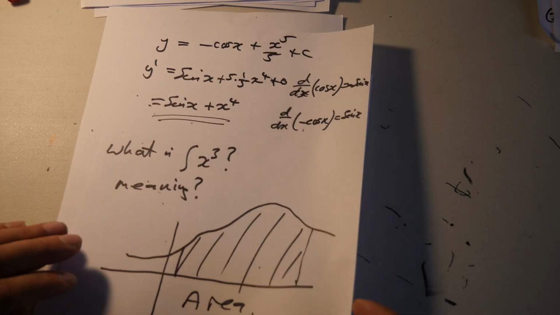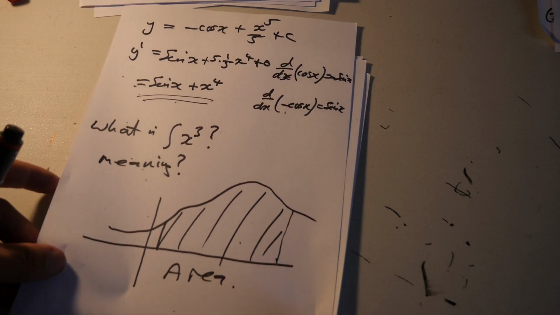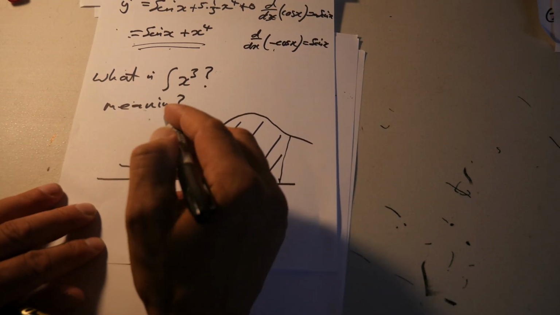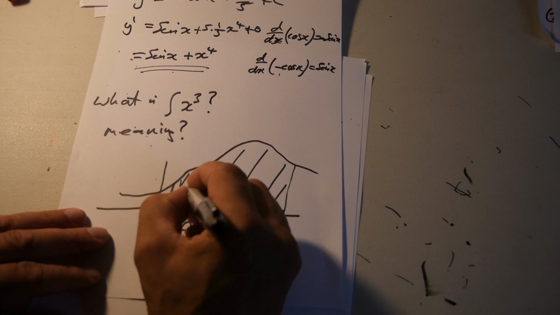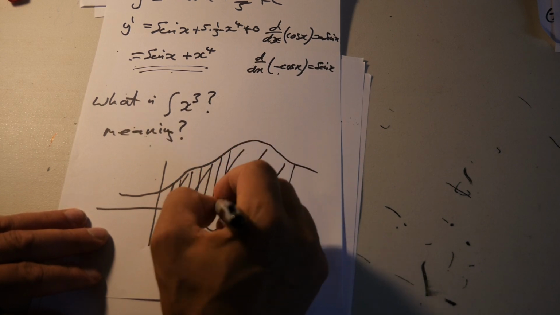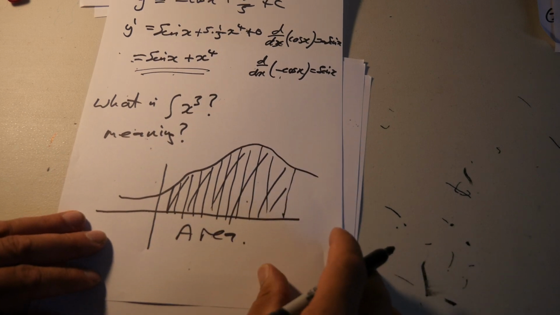So this is very simplistic. A proper explanation is more technical. When I call this a sum, you're actually dividing the area into strips, and you're summing up the strips, okay?